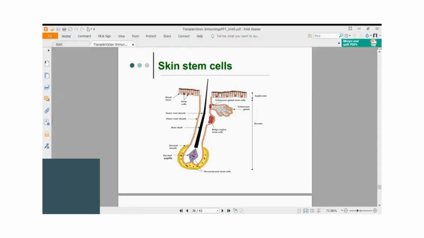So these stem cells can be harvested by a superficial incision on the skin of a person, by removing only the upper layer of the skin. And from there, you can harvest these stem cells and grow them in culture. Okay, those are the epidermal stem cells.